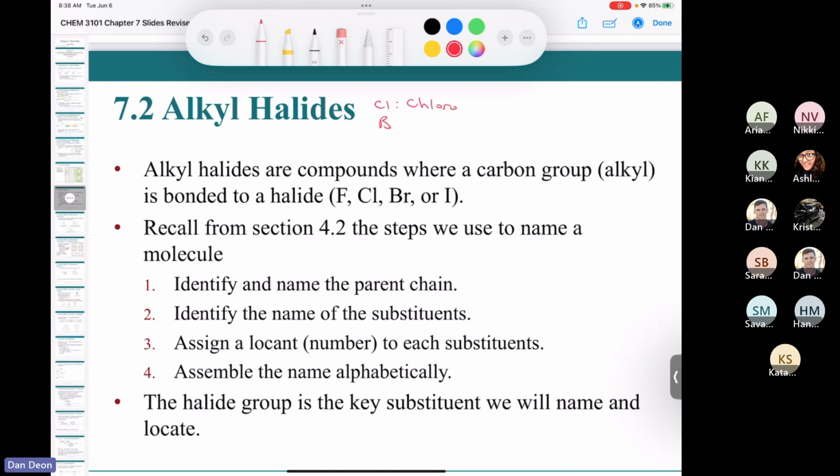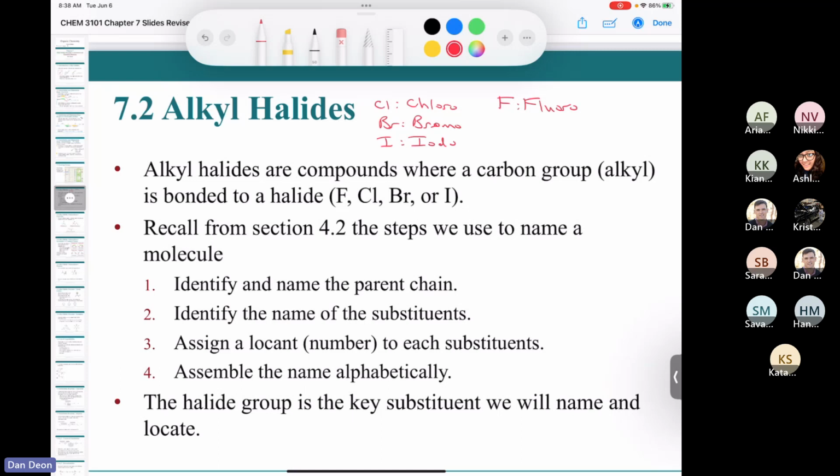If you have a bromine, it's a bromo substituent. If you have an iodine, it's an iodo substituent. And if you have a fluorine, it's a fluoro. We're going to maybe see a few alkyl fluorides. We won't use them much, like I said, but you still need to know how to name them.